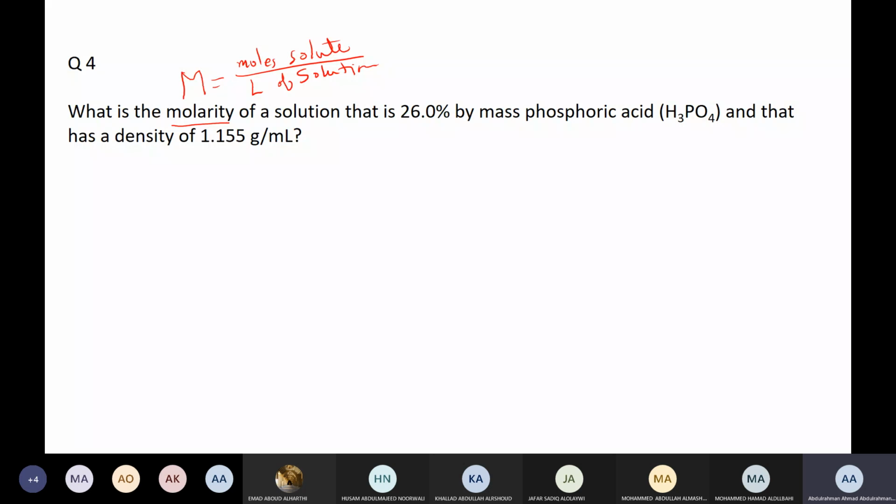Yes, that's the first thing you should keep in mind. Now, if we have 26% solution, the first step, always assume that you have 100 gram solution.